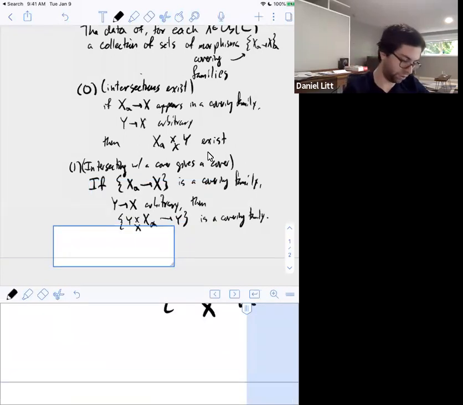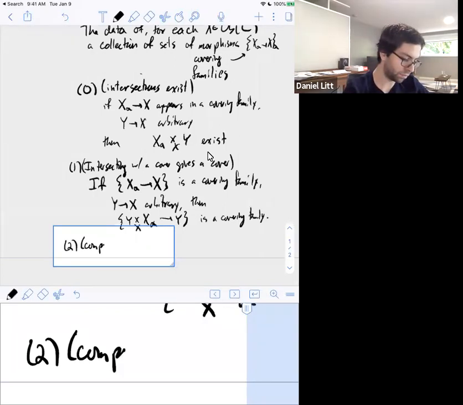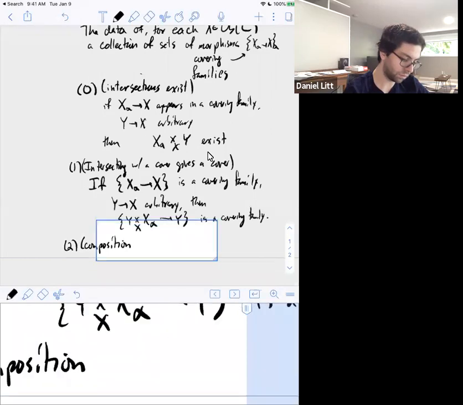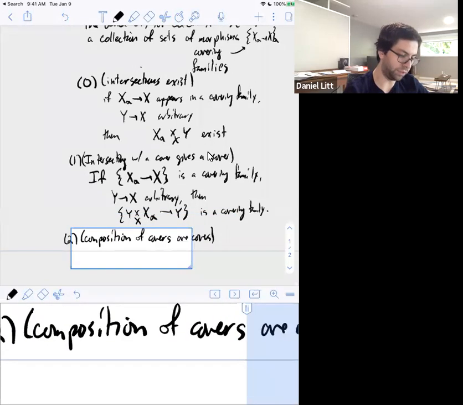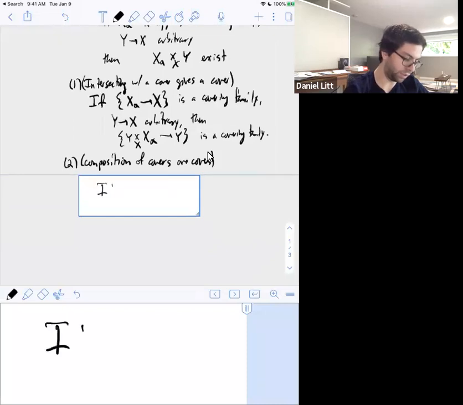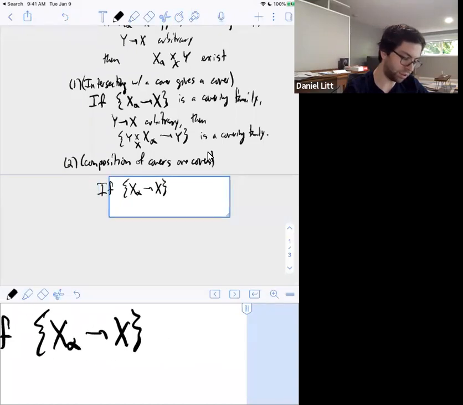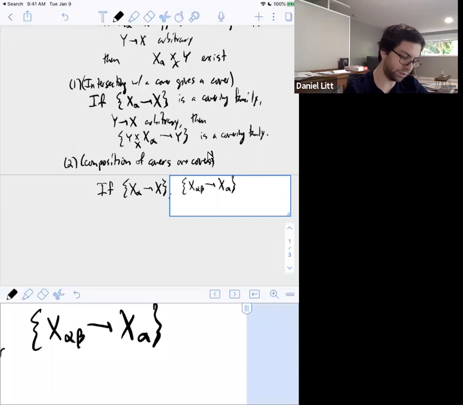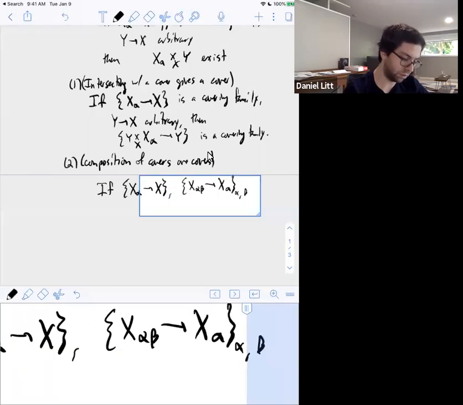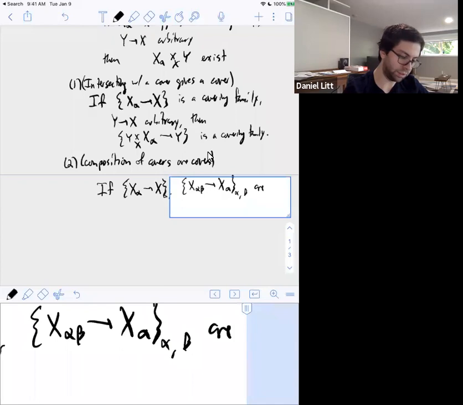Okay, so the next axiom says that a composition of coverings is a covering. How do we phrase that categorically? What we say is that if X alpha to X, and also X alpha beta to X alpha, are covering families, let me explain what I mean by this.